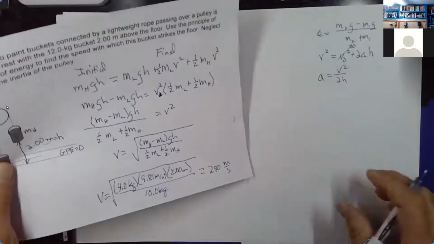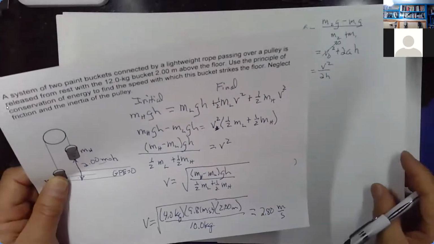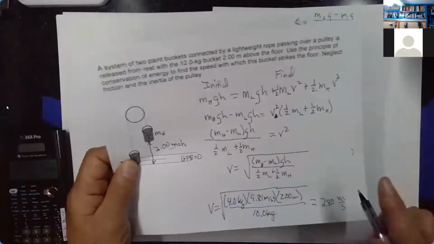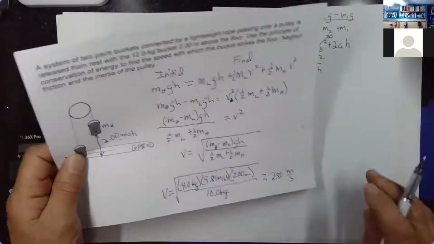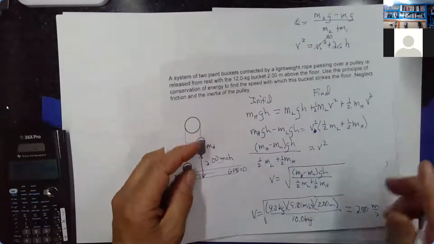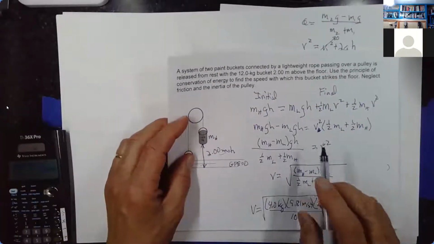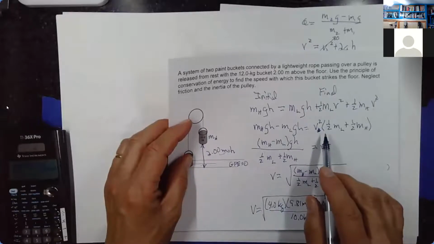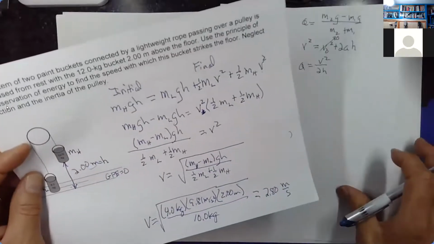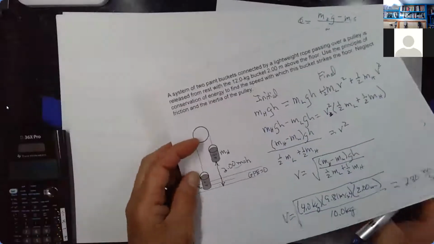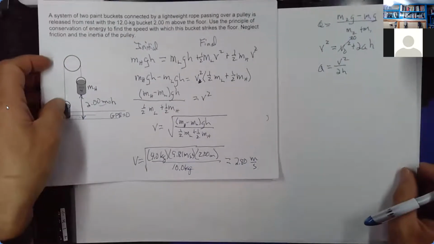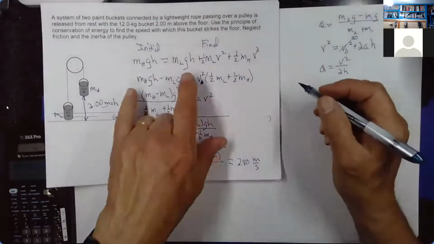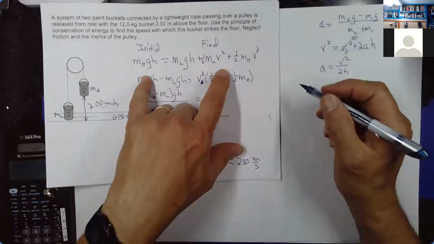Okay, well, can I do anything with that? Yes, I can, I think. I'm going to go back to one of my early equations on this thing, like this one.